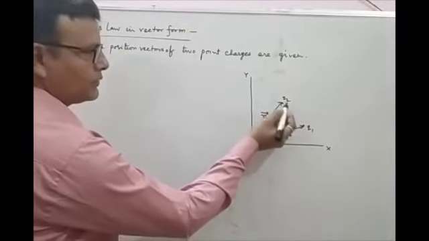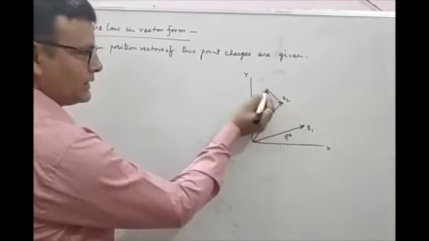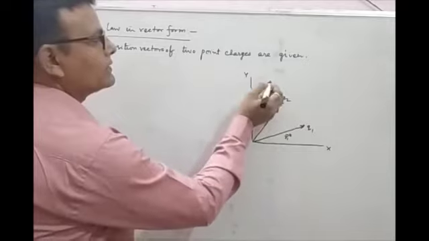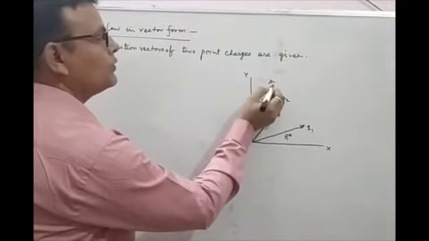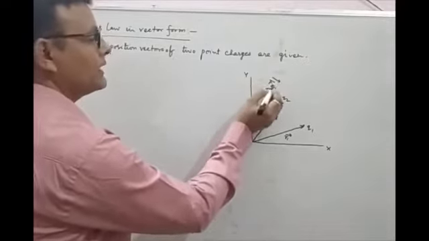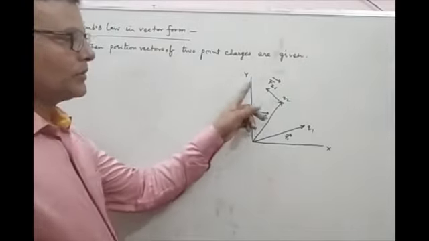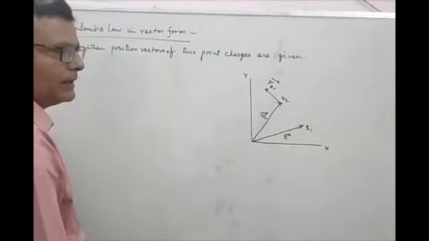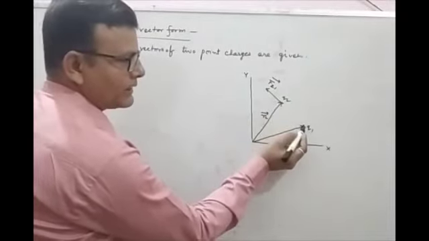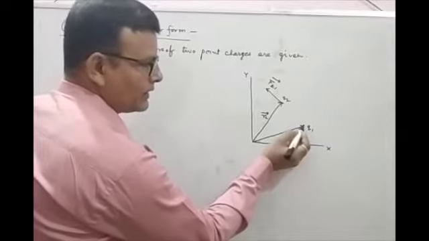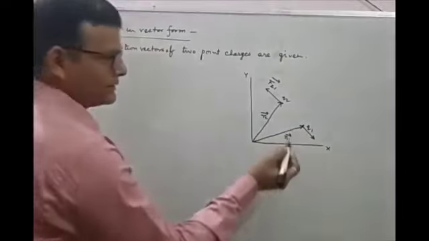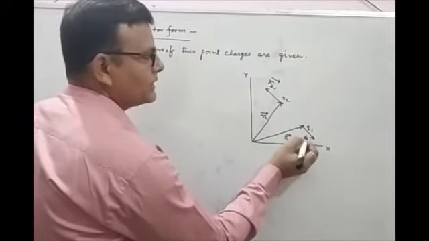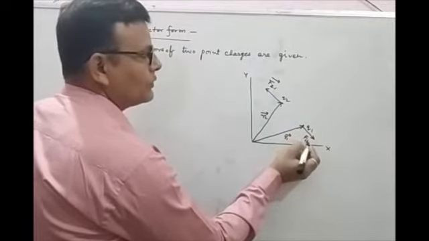Q1 exerts a force on Q2 along this direction, and this force is F21. F21 means force on Q2 due to Q1. Similarly, Q2 also exerts a force on Q1 along this direction, and this force is F12.